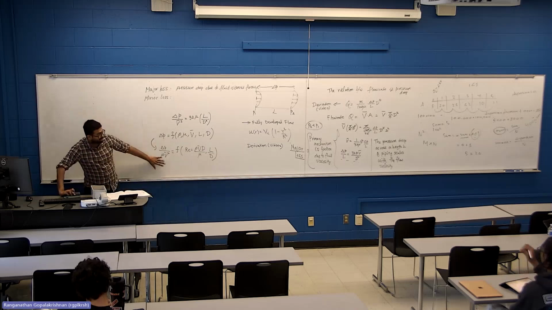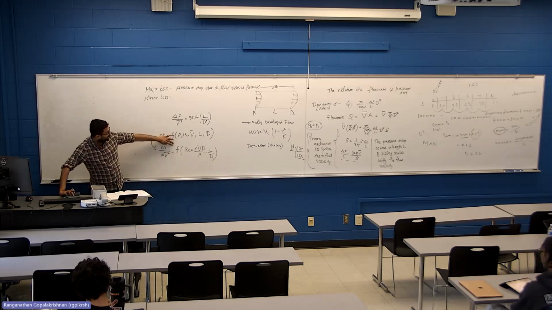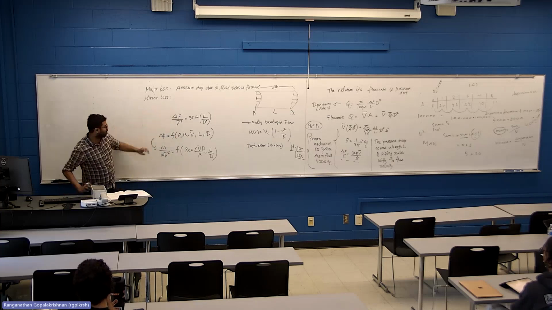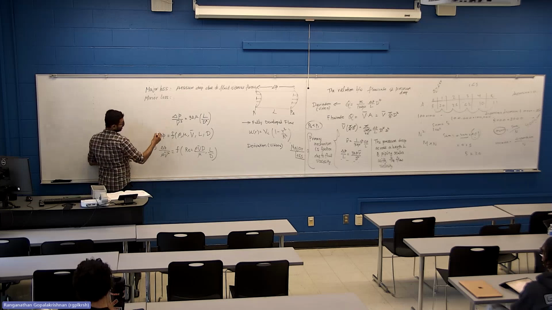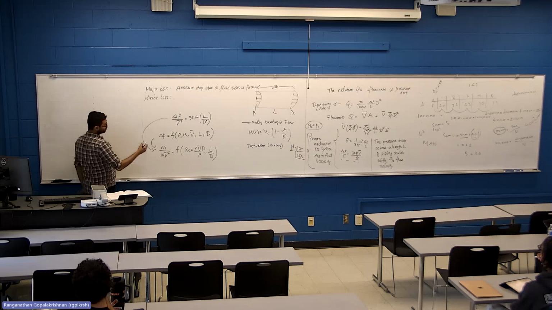In scaling analysis in module 6, we only did the derivation of these non-dimensional numbers. For the first time, we are seeing a formula. We are going to express this formula in this form. To do that, what do we need to do? I'm missing a density here.